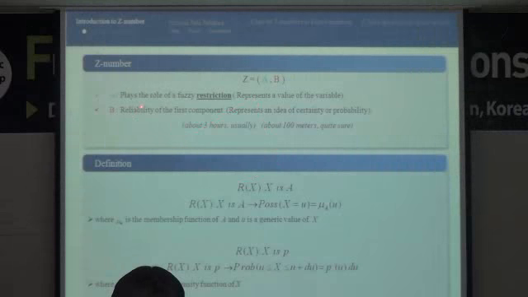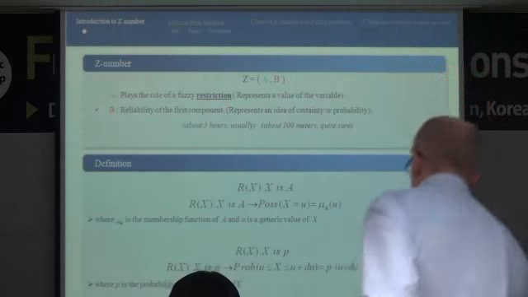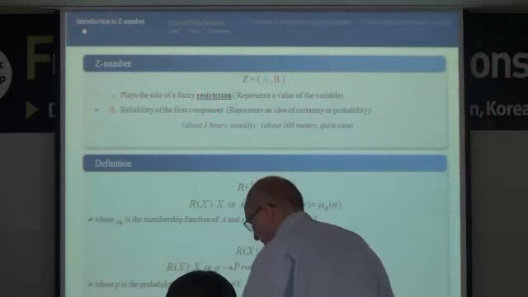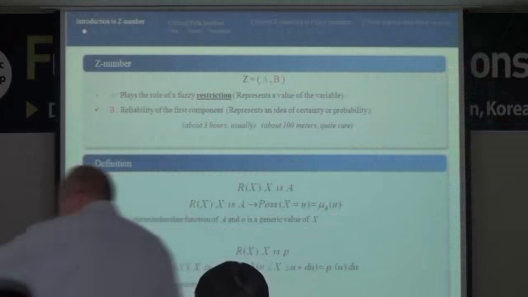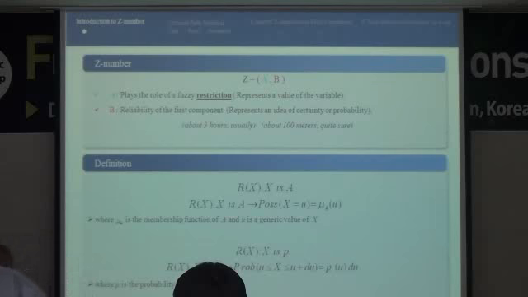A plays the role of a fuzzy restriction, and the second component, B, is reliability of the first component. Here is noted that restriction, not constraint, because actually restriction has greater generality than the constraint.